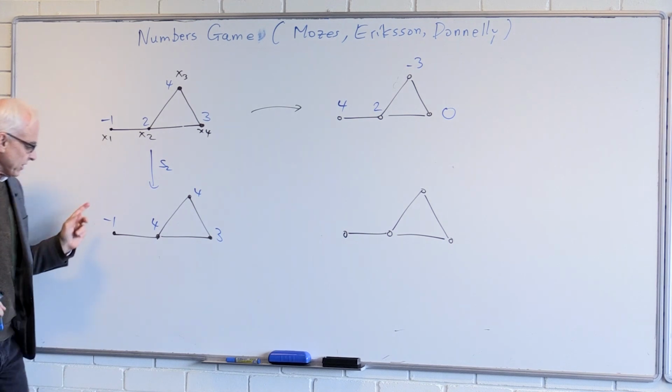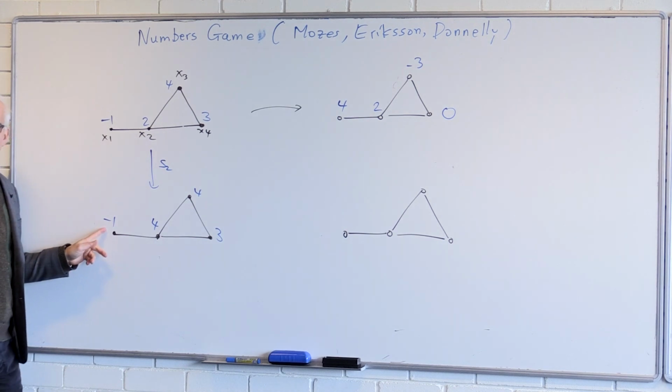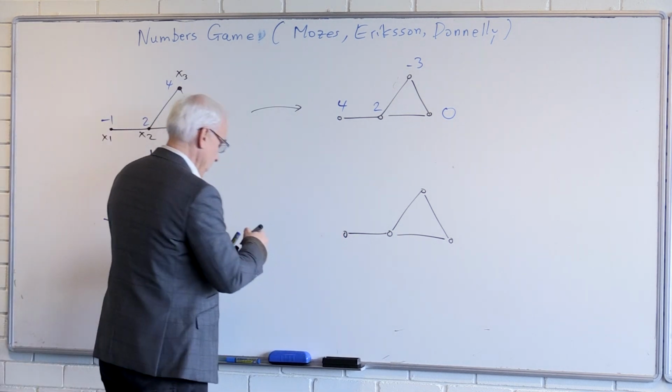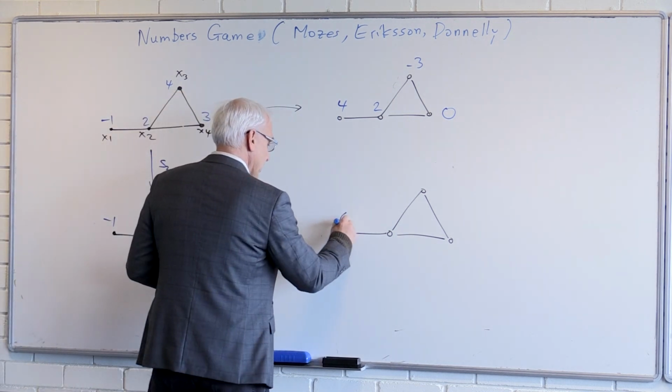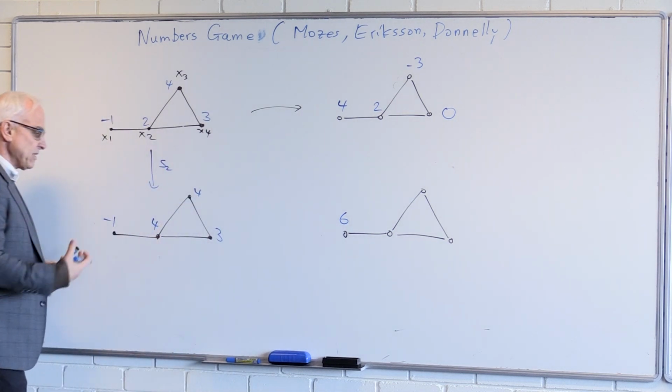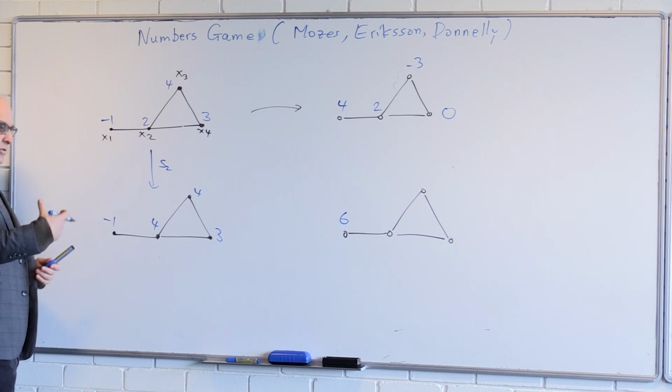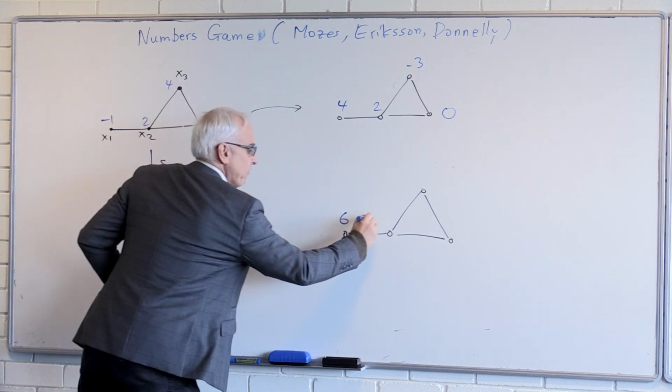Okay, so we have to do some arithmetic. So if I mutate here, I get -1 goes to 1, add 4, that's 5. So it's a total of 6, yes? Correct me if I do my arithmetic wrong. So that would be an increase of 6. If I mutated here, I get -4 plus 6 would be 2, so it would go from 4 to 2, so that'd be a change of -2.